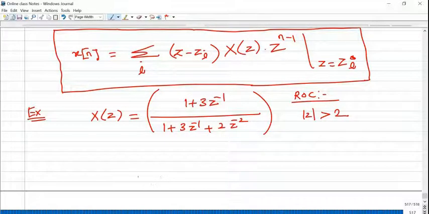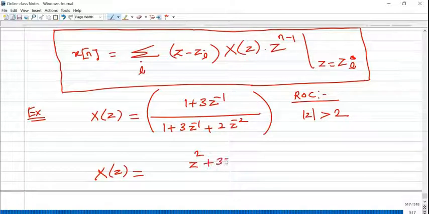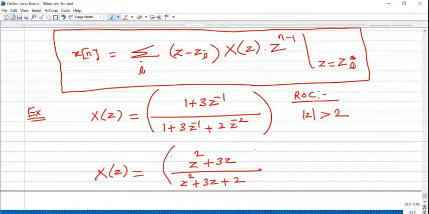Okay. First convert this expression into positive powers of z. So multiply z power 2 to both numerator and denominator. You will get z square plus 3z divided by z square plus 3z plus 2. If you multiply both numerator and denominator by z square, you will get this expression.